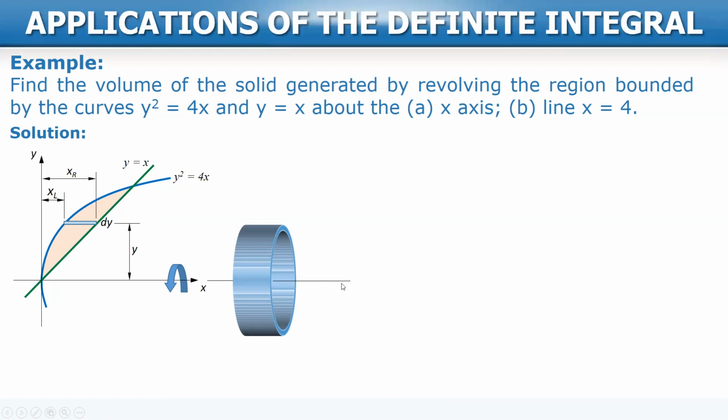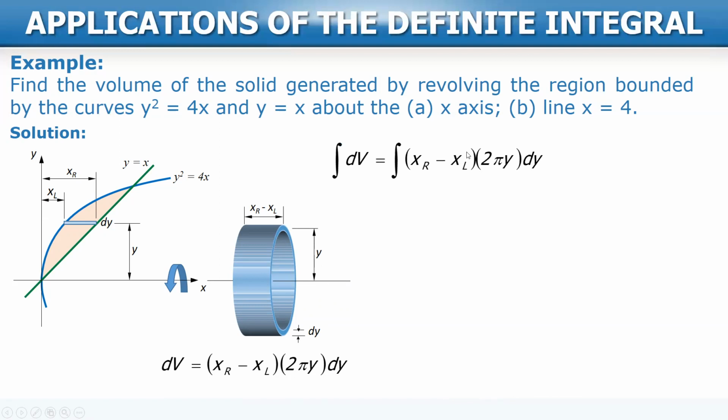Okay. The length of the strip is x right minus x left, and the radius is y. X right minus x left, and the thickness dy. Okay, length of strip, circumference, thickness.